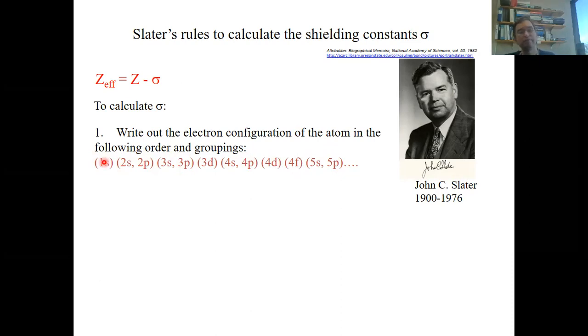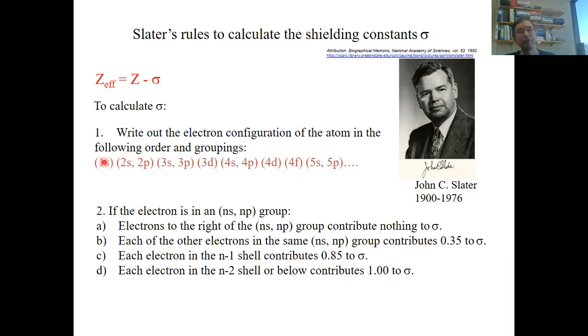So now, secondly, we distinguish between 2 cases. The first case is when we look at an s or a p electron, and the second case is when we look at a d or f electron.